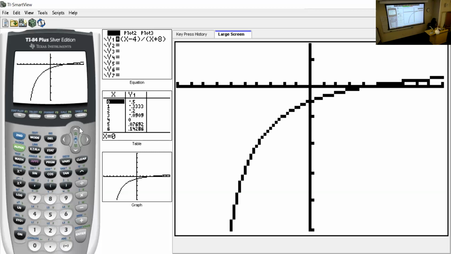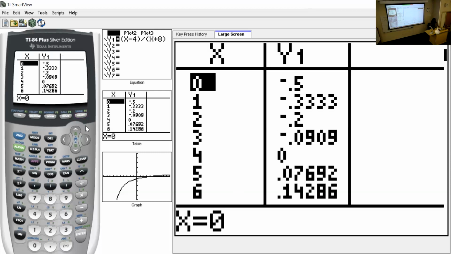So go to second, I believe it is graph. Couple of ways to do this. Let's do it this way. I want you to pick a really large number. Let's say around 10,000.